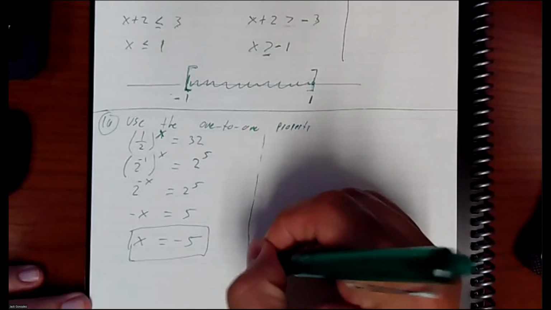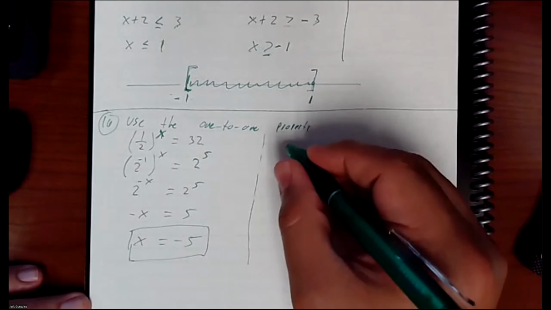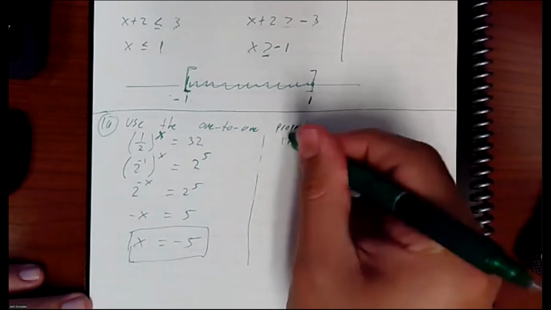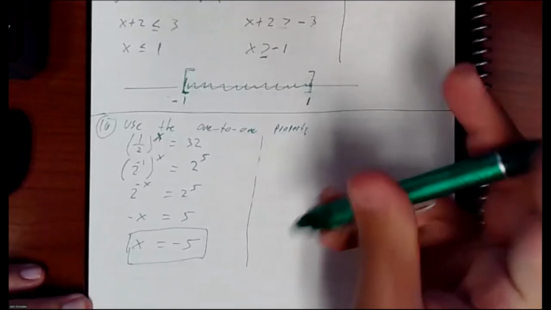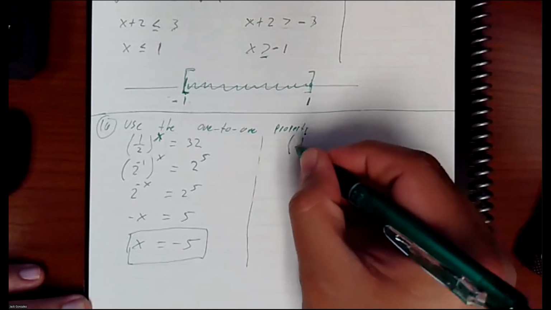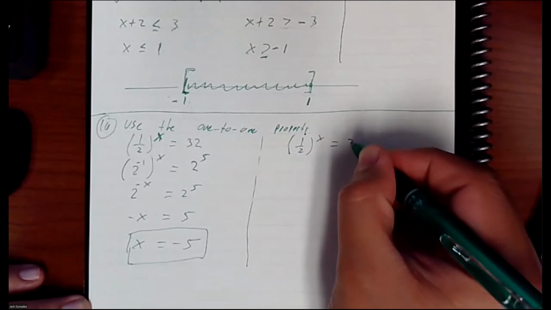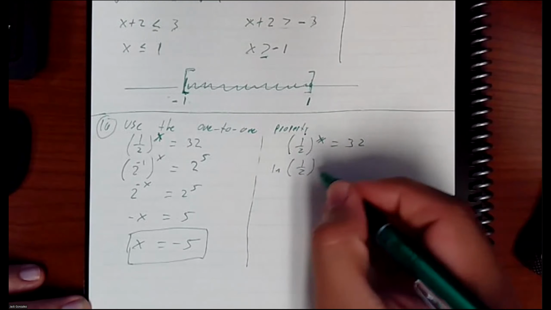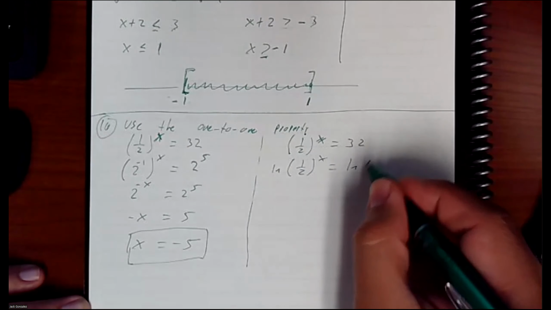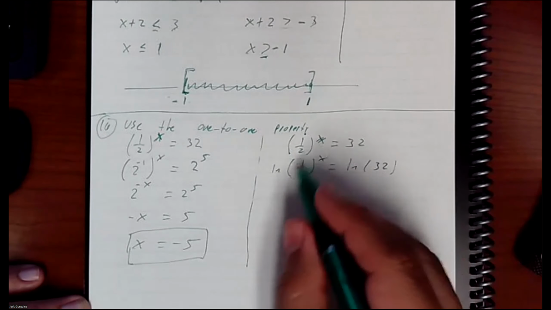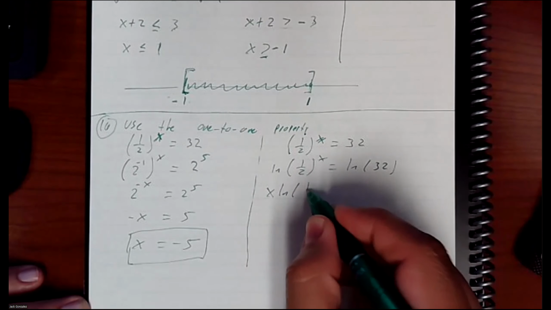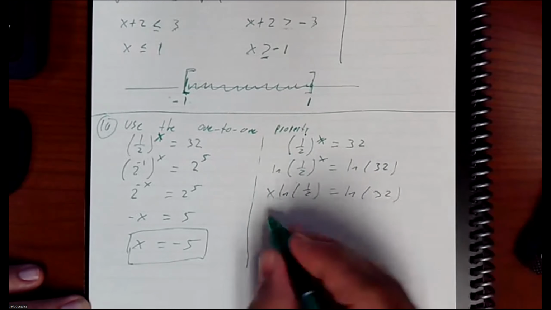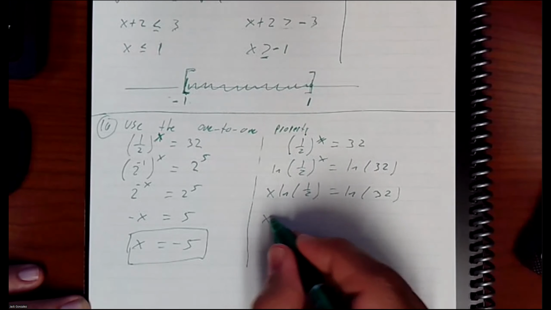If you wanted to use the log properties, even though it told you to use this, I would be okay with it. You could have said, let's write the first part. Starting with 1/2 to the x equal to 32, introduce ln, or any log of your choosing, preferably something on your calculator. Use the power rule to bring down the x. Divide that logarithm on both sides, right?